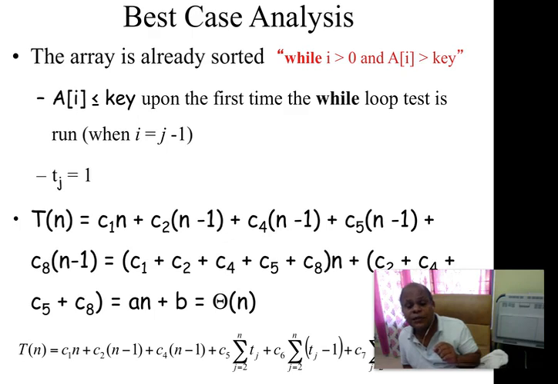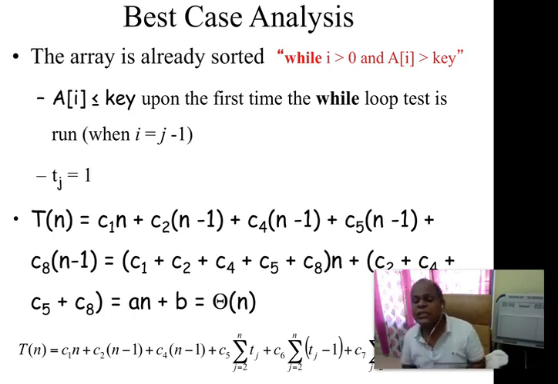In case of C5, what happens? Because every time, you see, Tj will be 1. Why will Tj be 1?